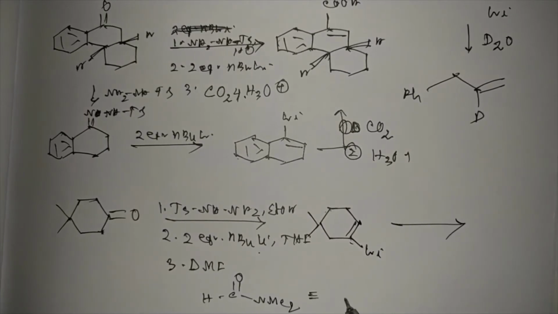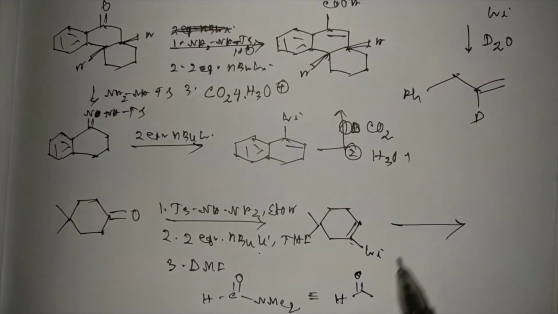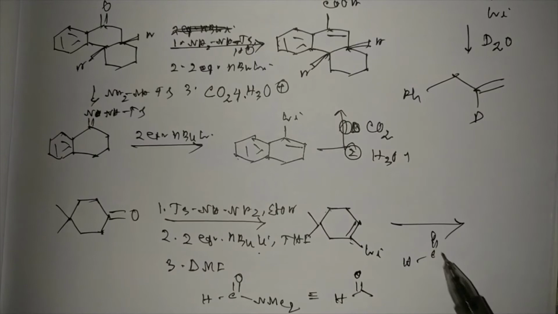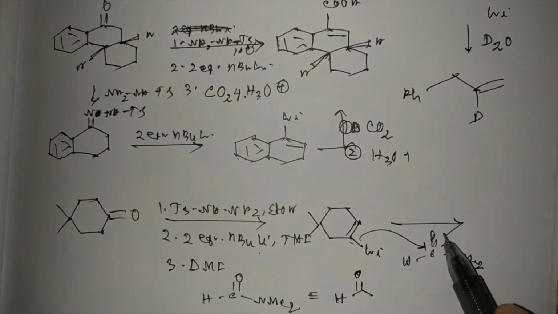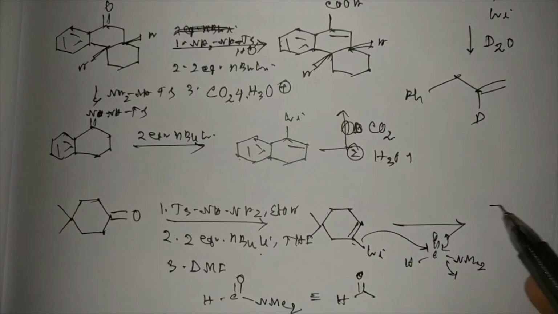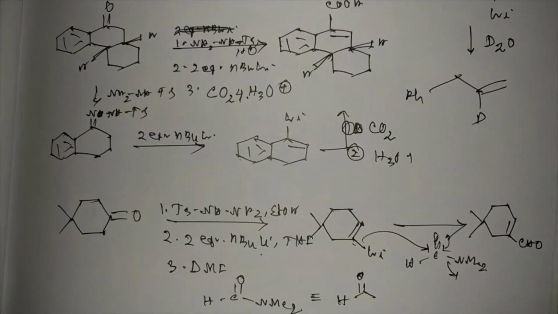So this lithium species will attack here, and it will be converted to the formyl group, CHO, this.